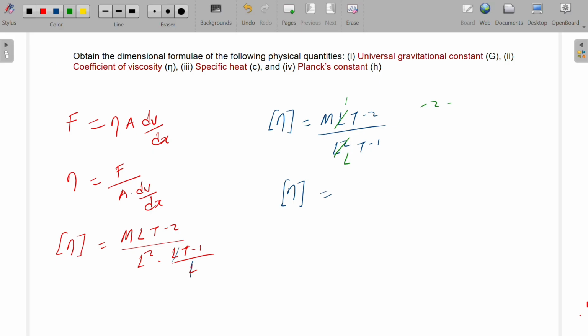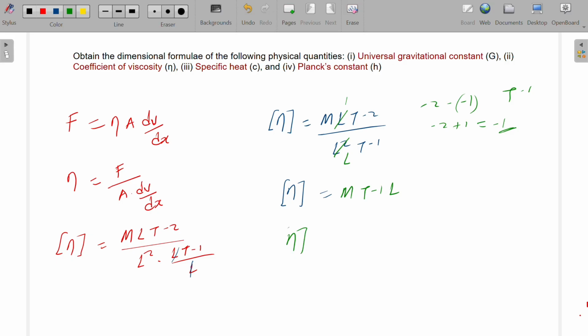We'll have minus 2 subtracted by minus 1, and this will just give us minus 2 plus 1, which is minus 1. So we'll still have T as a base, but with the power of minus 1. So what will remain here is M on top, then T to minus 1, then we'll have our L remaining down here.